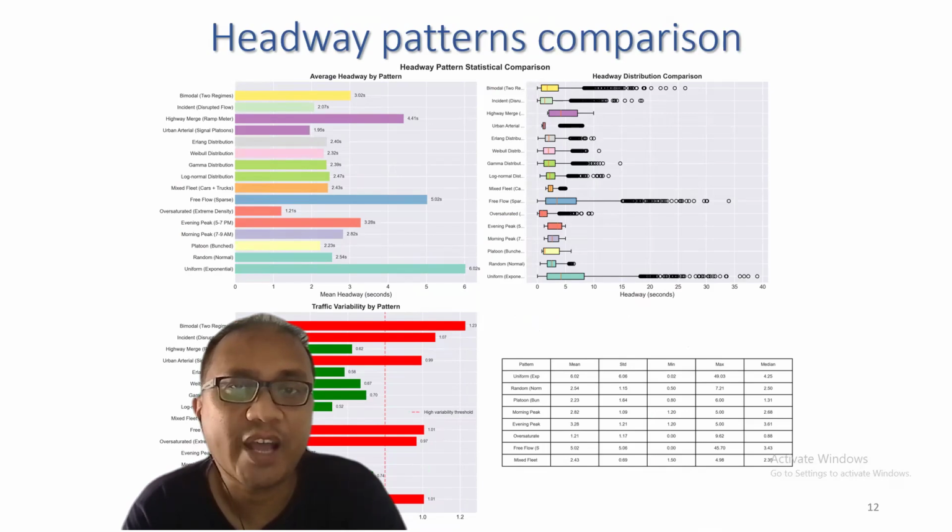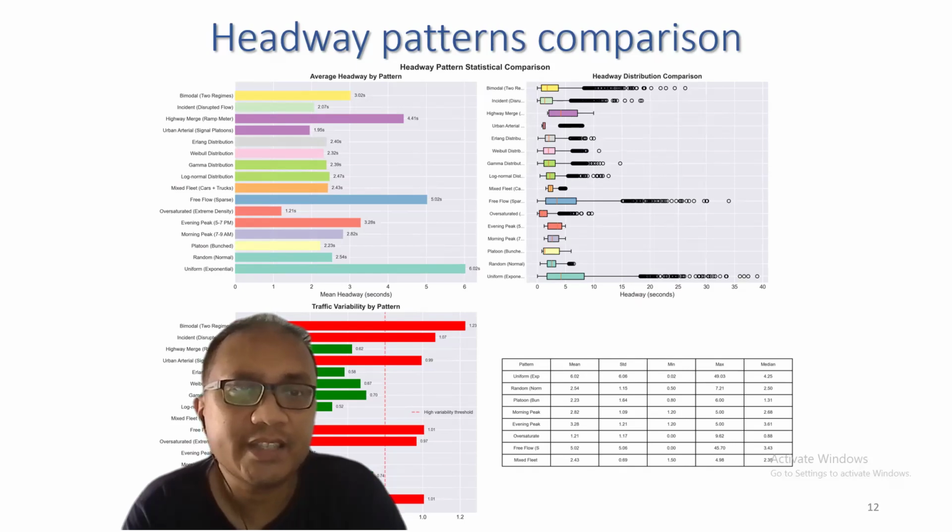So 16 times 5, total 80 combinations. And within those combinations, our DQN model outperforms the baseline adaptive signal most of the time.